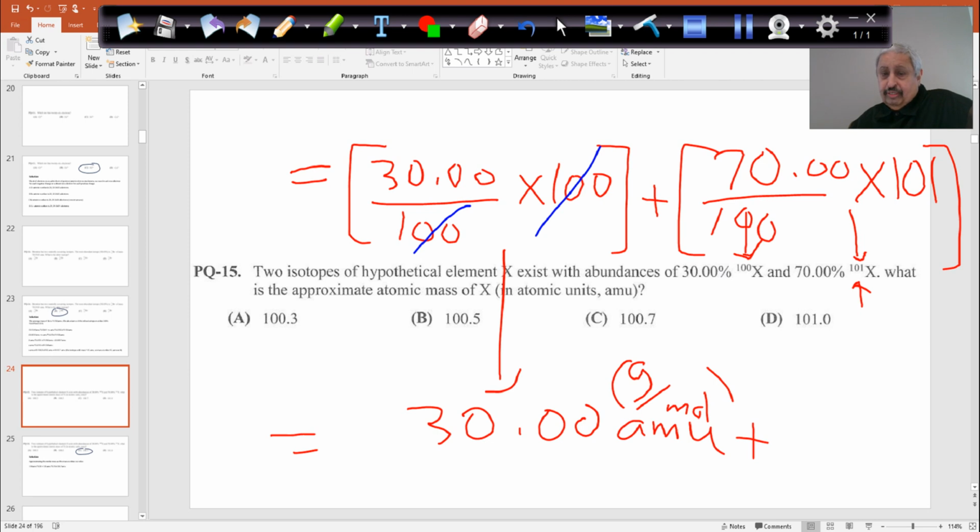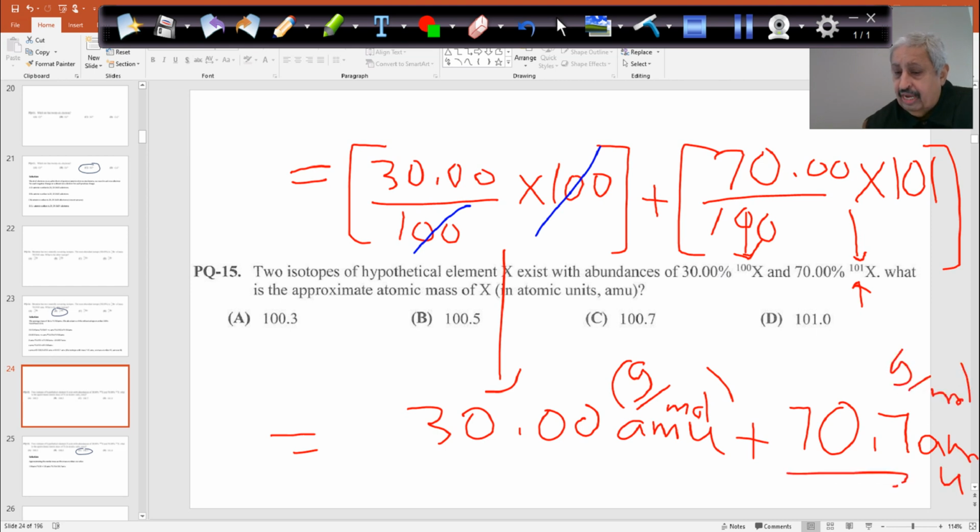Two isotopes exist with abundance of 30%, and then what is the approximate atomic mass of X? So how much do you say? 70.7 AMU or gram per mole. Add those up together.